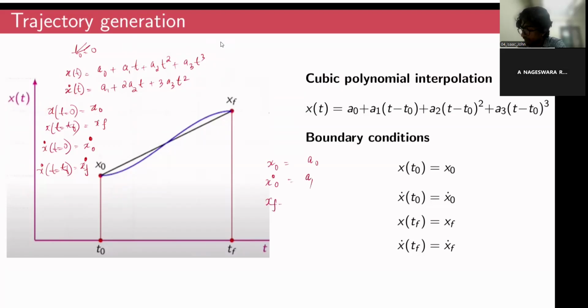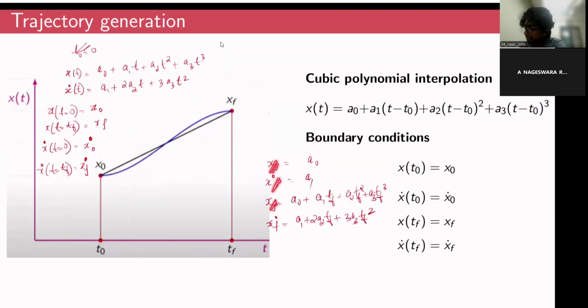Then xf would be a0 plus a1tf plus a2tf square plus a3tf cube. And xf dot would look something like a1 plus 2a2tf plus 3a3tf square. So you basically have four equations.